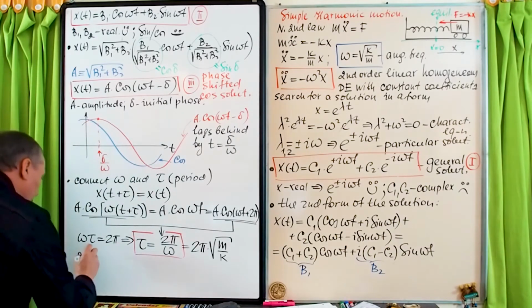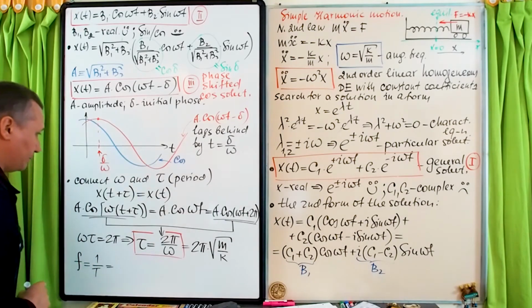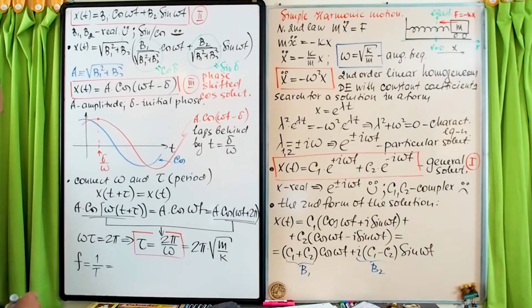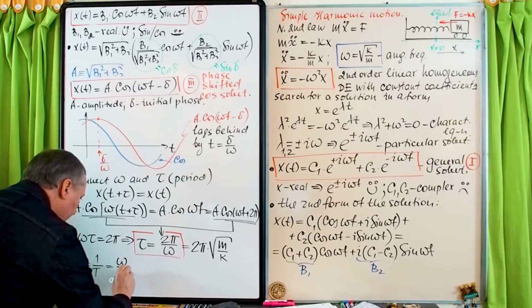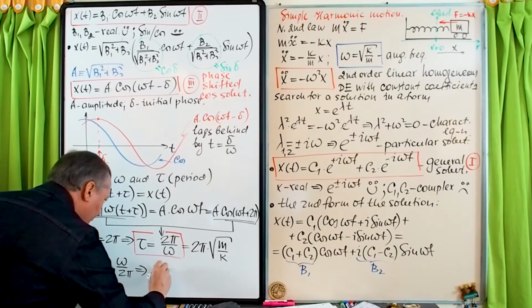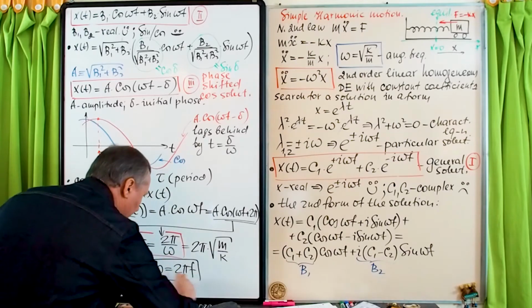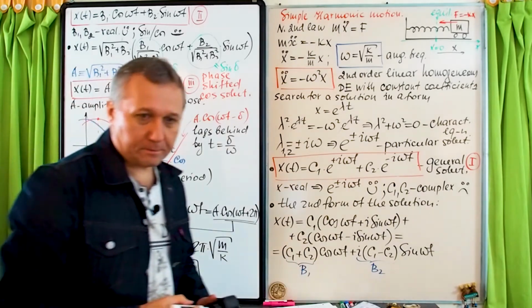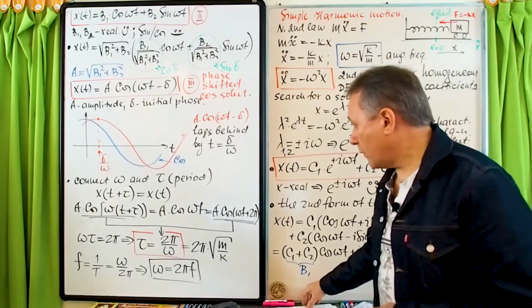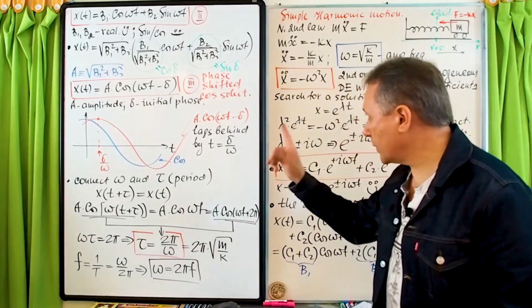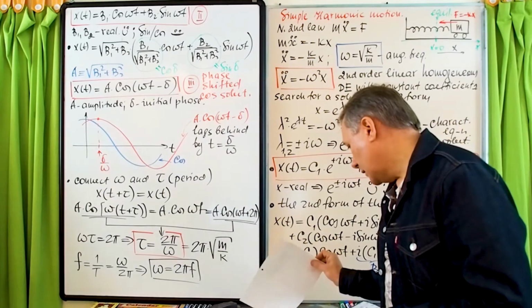And of course, the frequency is the reciprocal of the period, so it will be omega over 2 pi. And of course, omega equals 2 pi f, since we're going to deal with them often. Okay, so we related this intrinsic constant with the period and frequency.